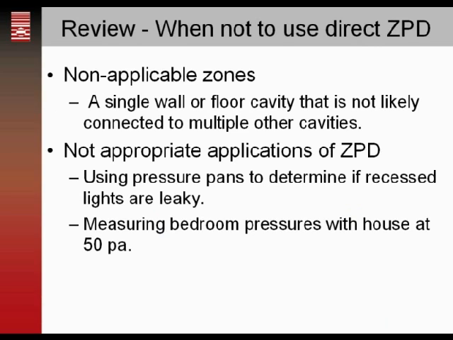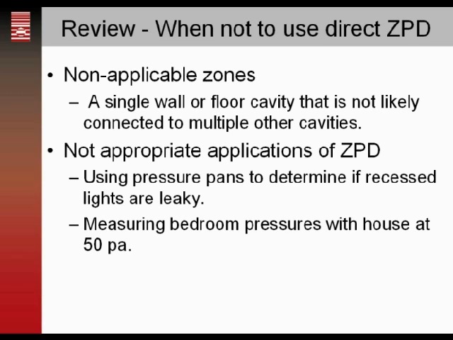So now that we've had a little further explanation of what zone pressure diagnostic numbers mean, you can see that if you're measuring a single wall cavity or a single floor cavity that's not likely connected to the outside, it doesn't tell you very much information.